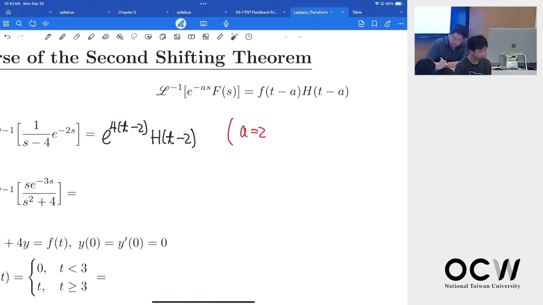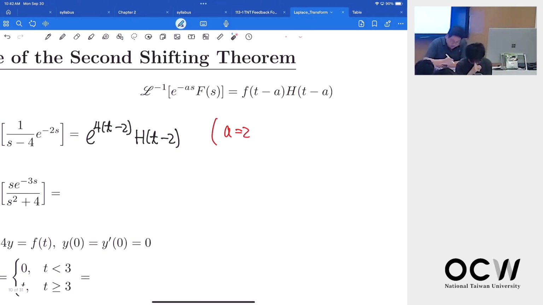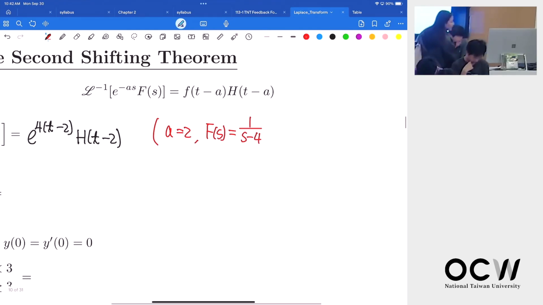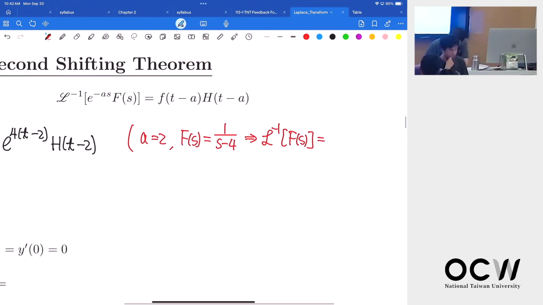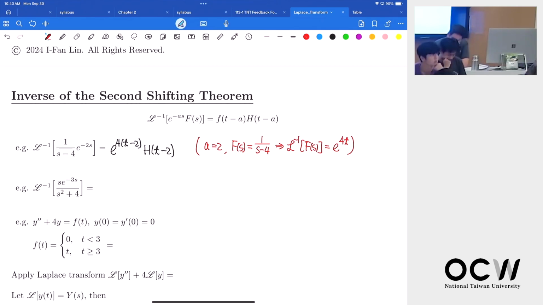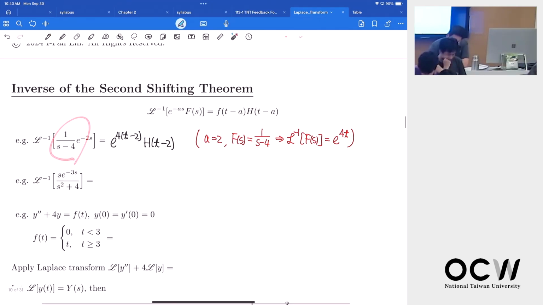So here you know that your Laplace transform is 1 over s minus 4. Then the inverse Laplace transform will be e to the 4t. But you have times e to the minus 2s, so e to the 4t, where t becomes t minus 2, times the shifted Heaviside function.